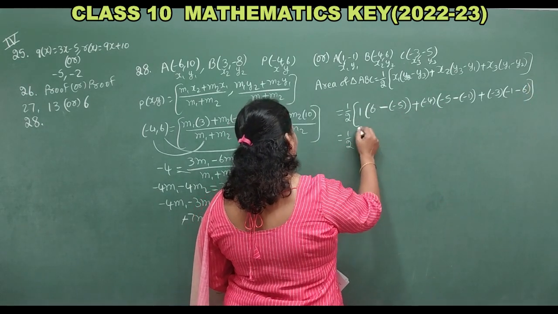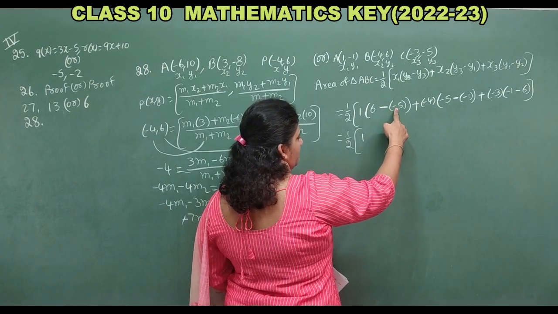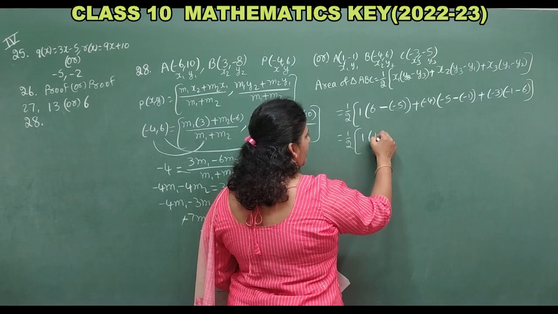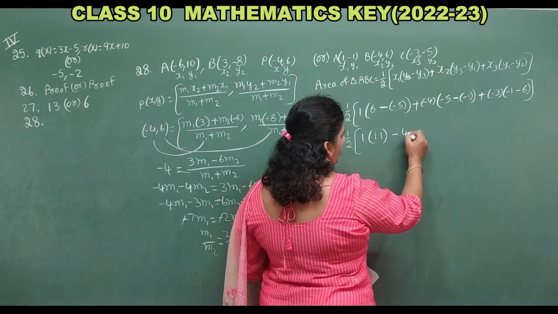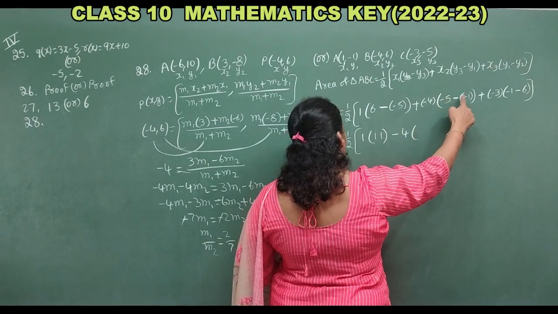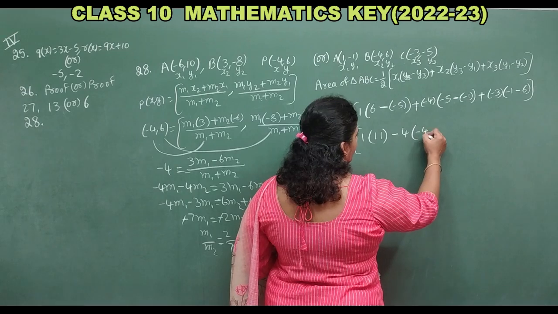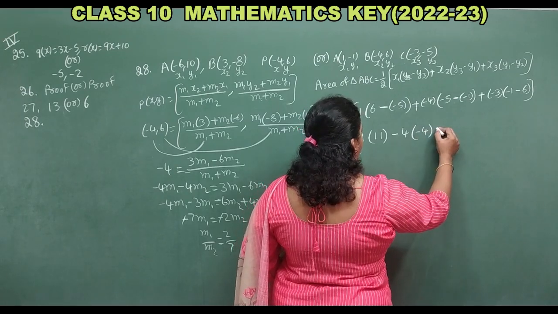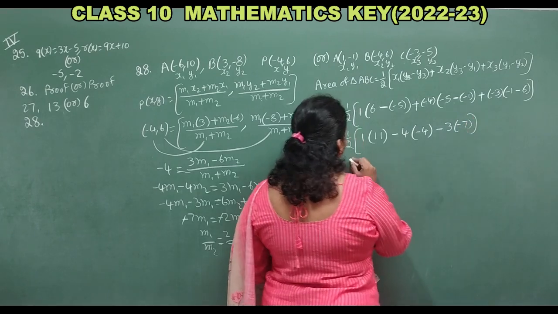Half of 1 into 6 minus into minus plus, 6 plus 5 will be 11, plus into minus, minus 4 into minus 5 minus and minus plus, so minus 5 plus 1 will be minus 4, minus 3 into minus 7.